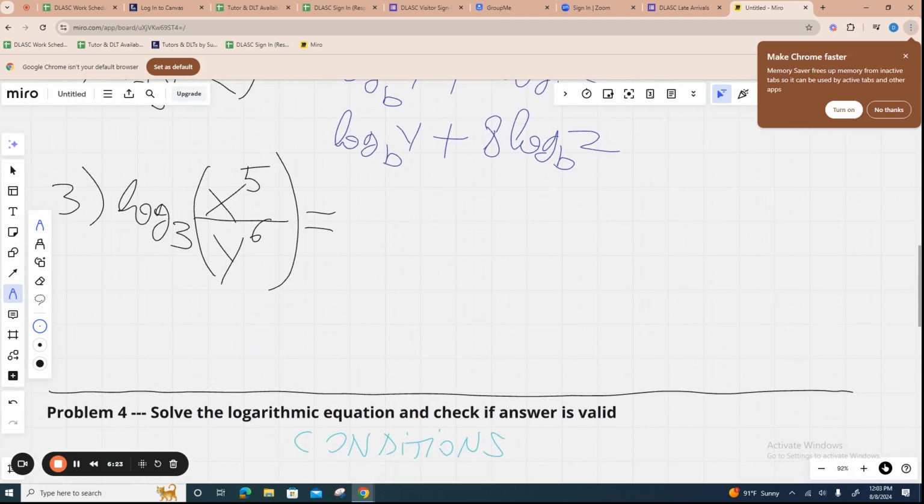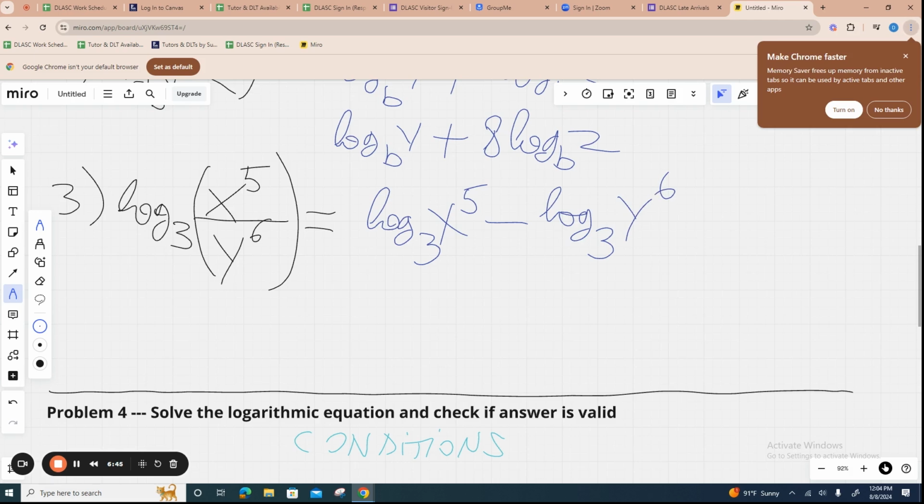Now here we have a division. And remember that with division, we're going to use the negative sign. So log base 3 of x to the 5 over y to the 6. My first step is to say that's log base 3 of x to the 5 minus log base 3 of y to the 6. Okay?